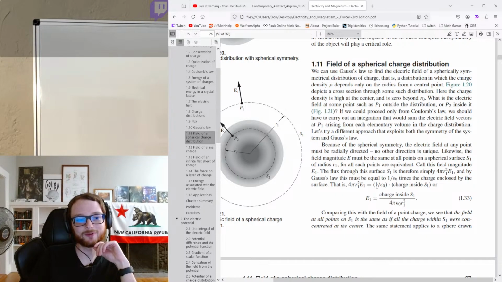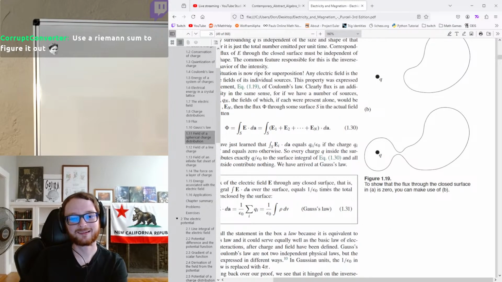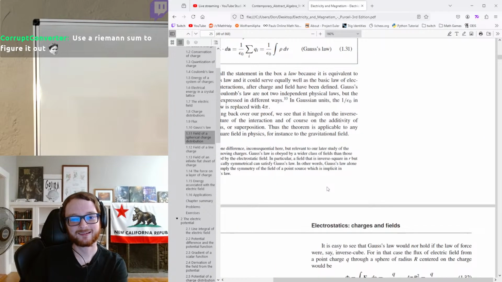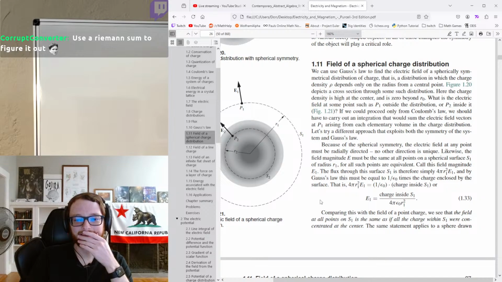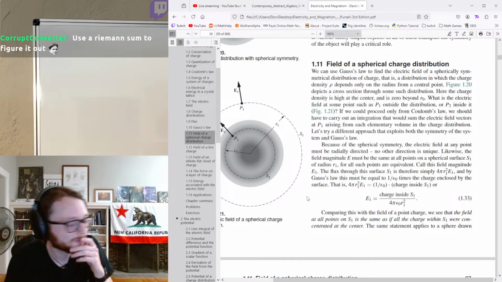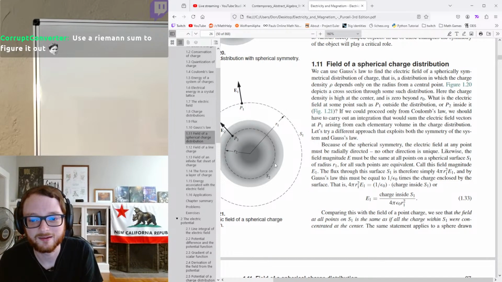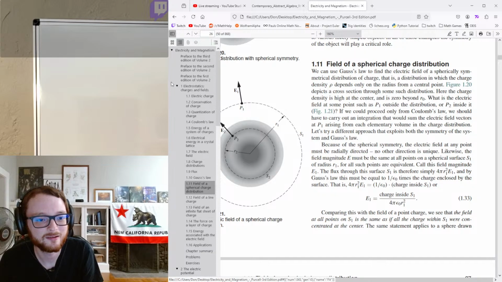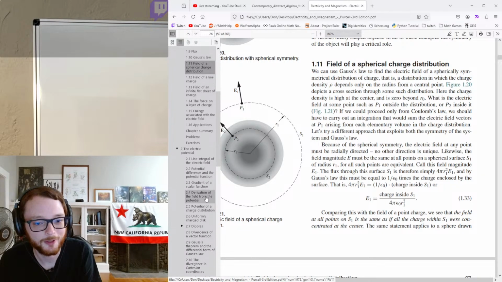A Riemann sum to figure it out? Okay. So yeah, that's the thing I want to review, like what's on the left side of the equal sign for how you actually express the flux.